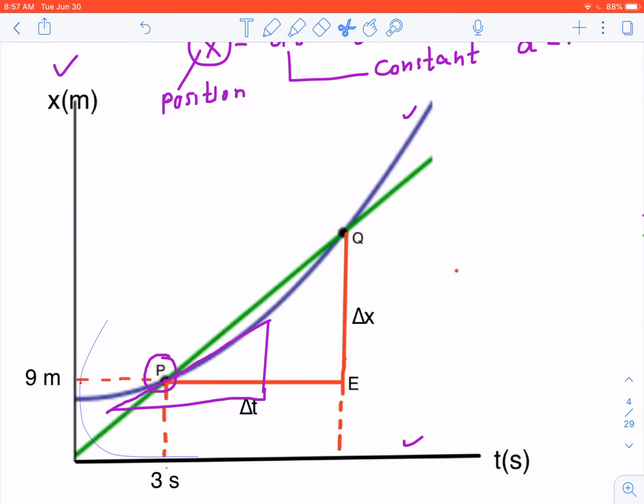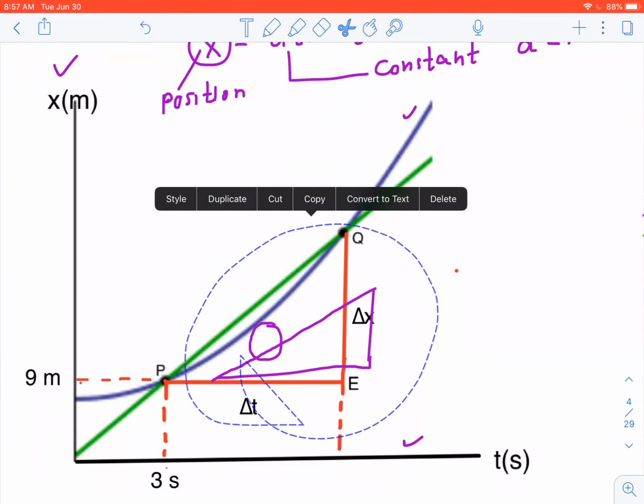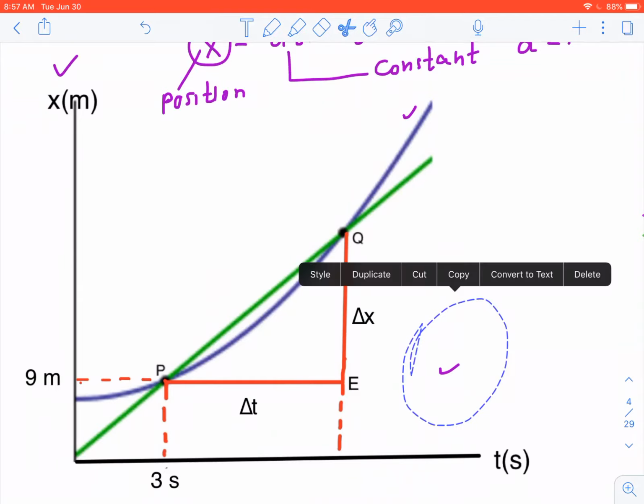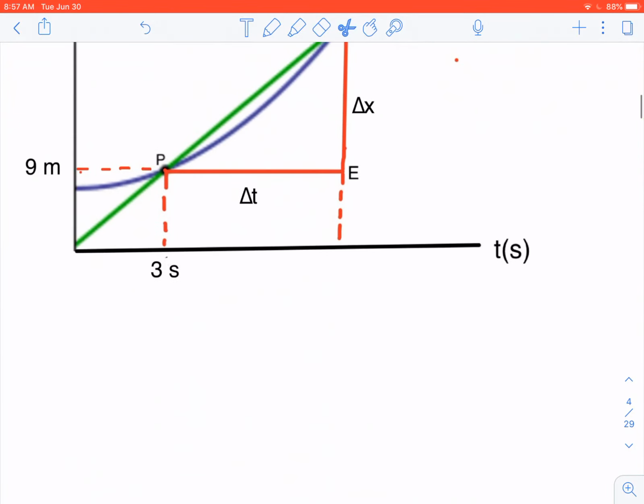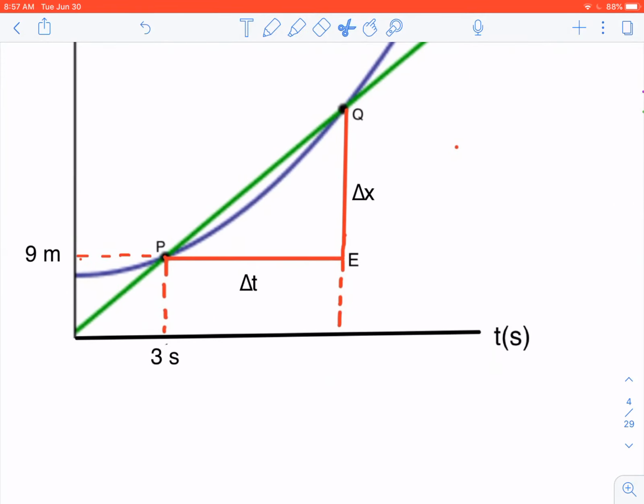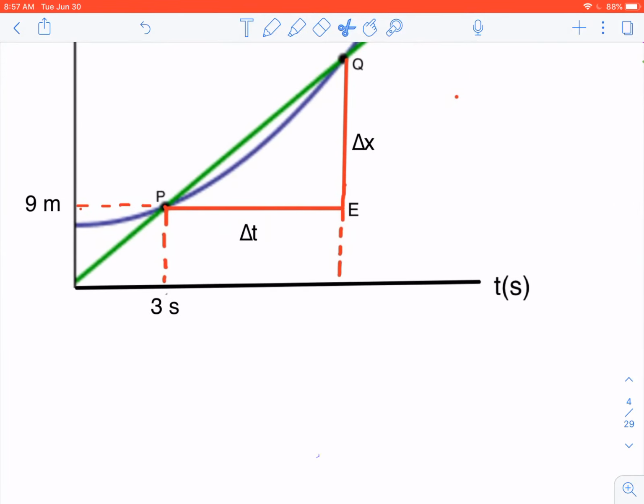So let's look at this further. If I have now x is equal to at squared, and A, we said, is 1, so I have 1 times t squared.